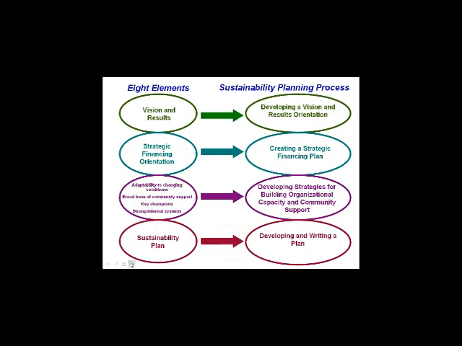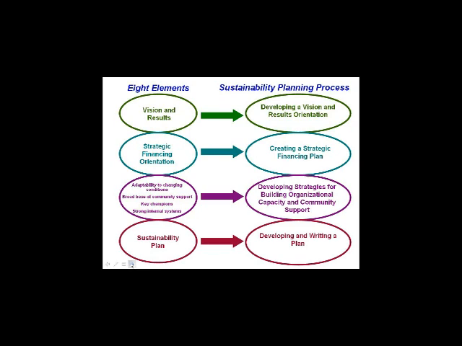I always find this graphic to be really useful and important. This is really our effort to crosswalk the 8 elements of sustainability to the actual sustainability planning process and the way the modules are laid out. So if you could, and you're not seeing my hand motions here, imagine that on top of the 4 ovals on the right-hand side there is an oval for planning to plan.